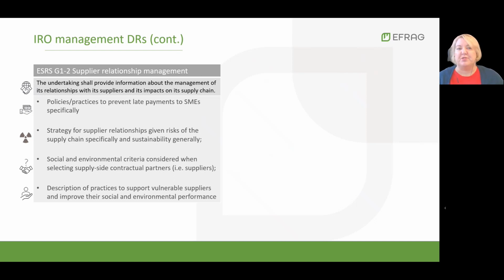And here we have various topics that we are covering. So we want to know about the policies to prevent late payments. And then here we want to focus specifically on SMEs, given the concerns around cash flow to SMEs and the problems that creates for them specifically.